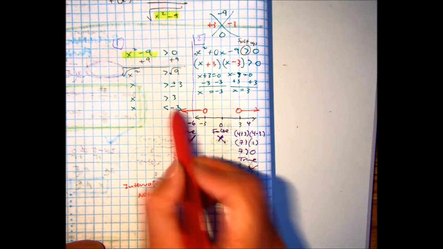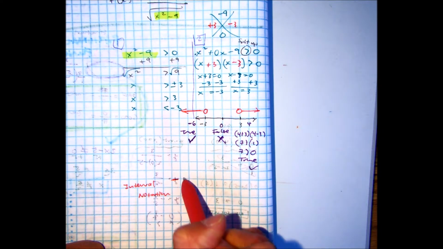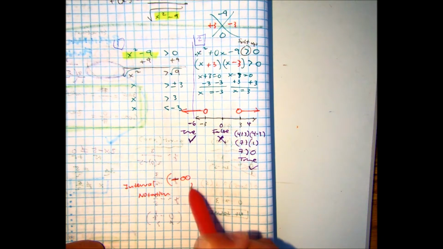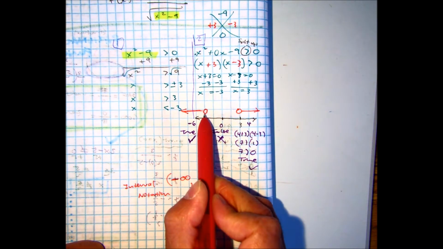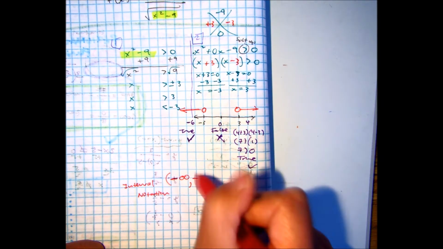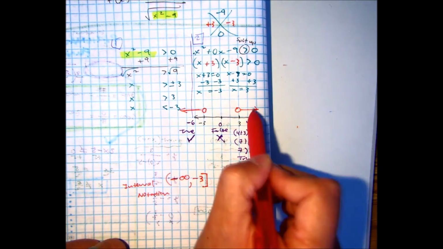Anytime you have an arrow coming from negative numbers, what do you write? Negative infinity, parentheses or bracket. And then I stop at negative 3, parentheses or bracket. And then I do this side over here.